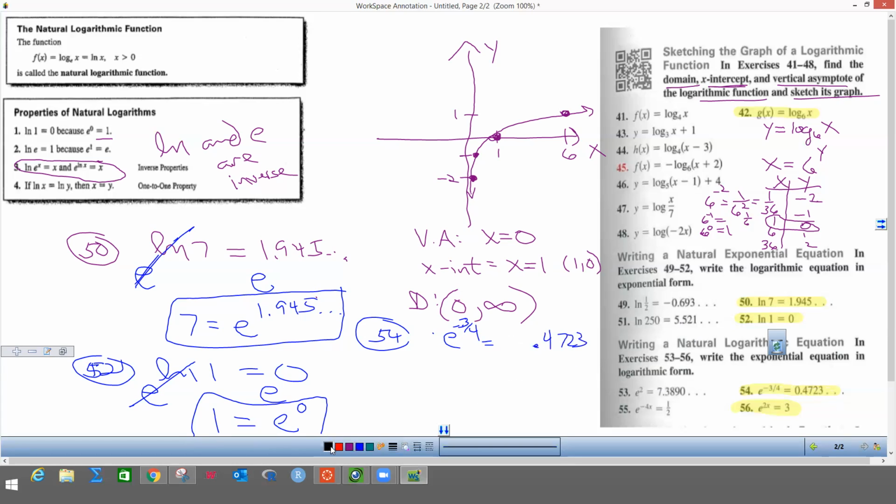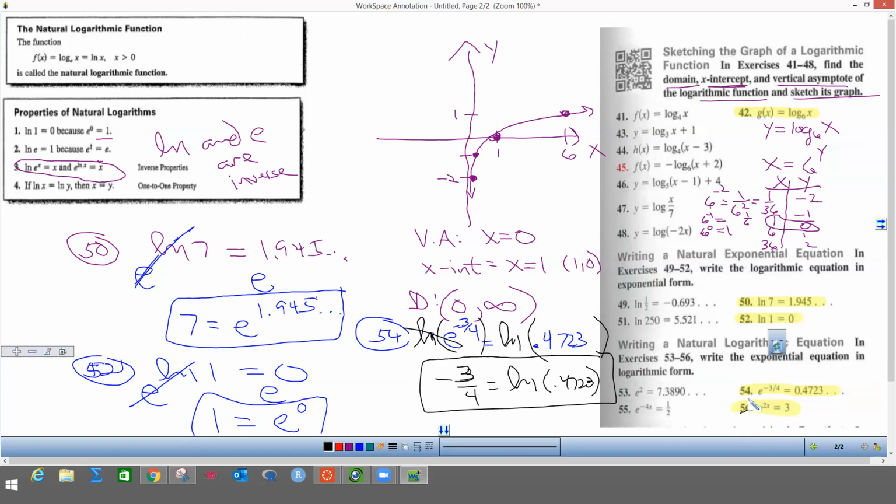So the inverse of E is a natural log. So I'm going to do natural log of this. I'm going to do natural log of this over here. So E and natural log cancel each other out, and I get negative 3/4. And over here is equal to the natural log of 0.4723. That is the natural log form of E.